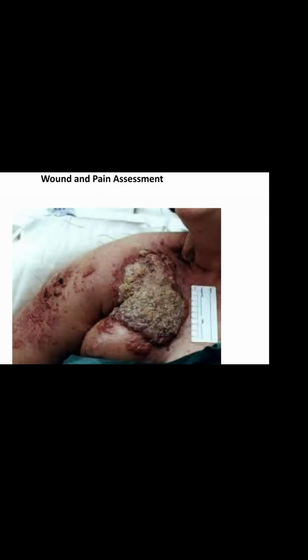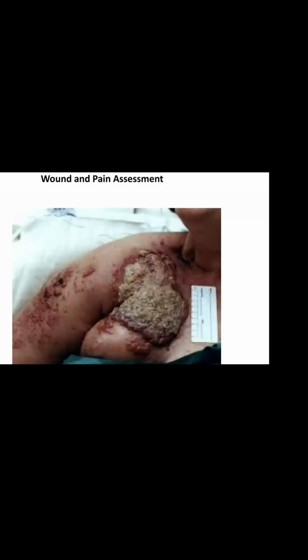Then potential for complication. Is there any complication that will occur? Like I have told you, disruption of any major blood vessels, main capillaries. Ma'am, is there any possibility of blockage of lymph?